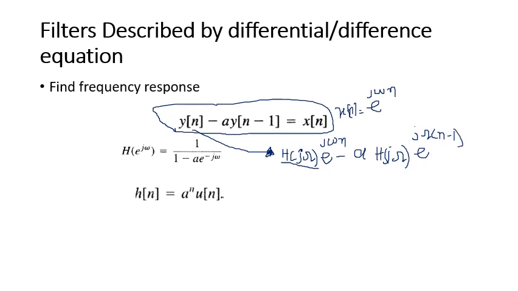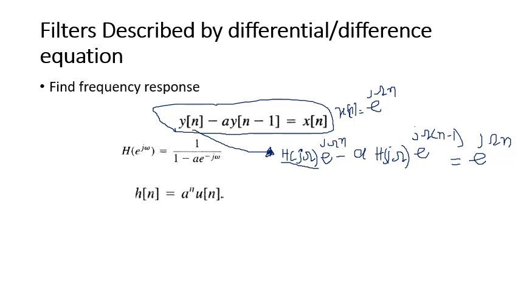Also mistakenly I have written the small omega here, so let me write it as the capital omega. This is capital omega, and again this is capital omega, and this is equal to e power j omega n.